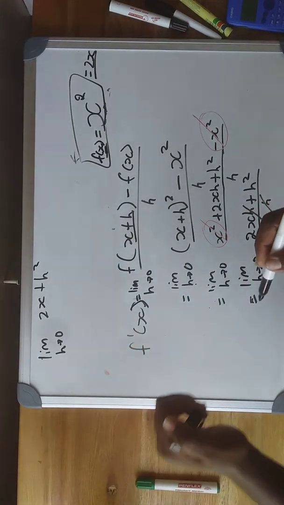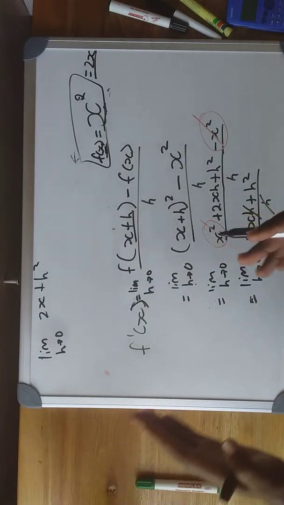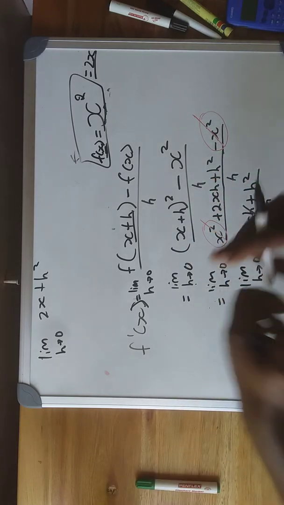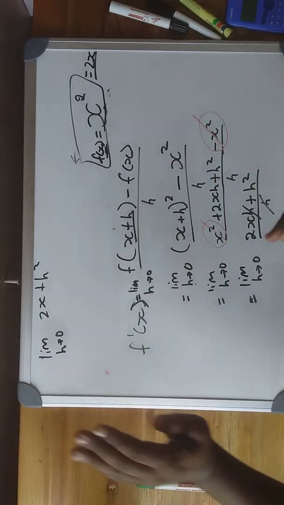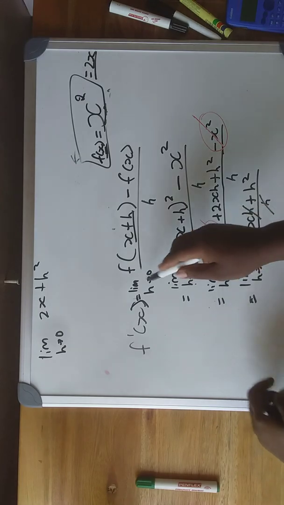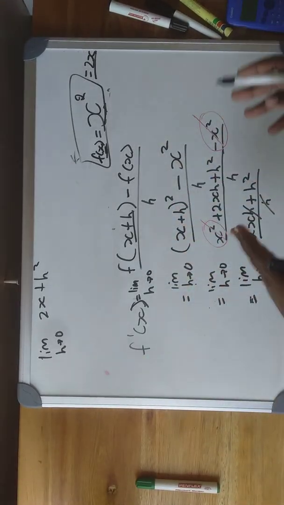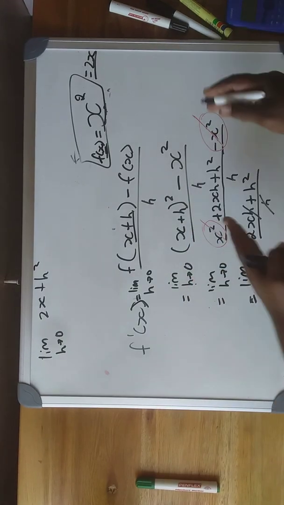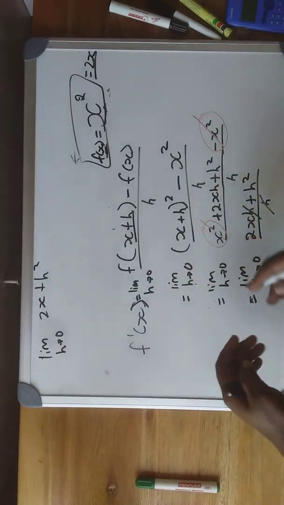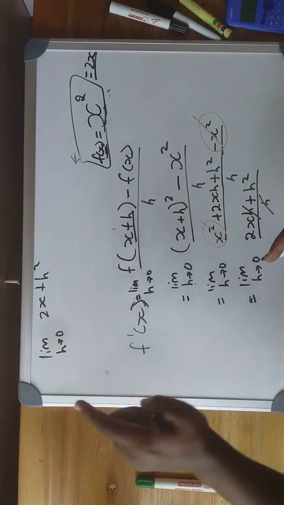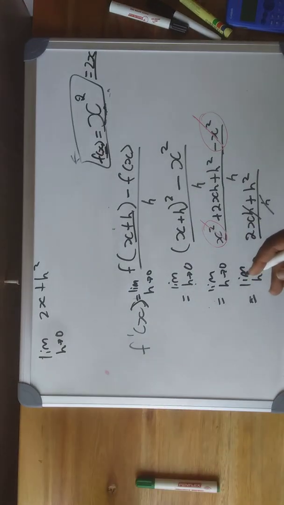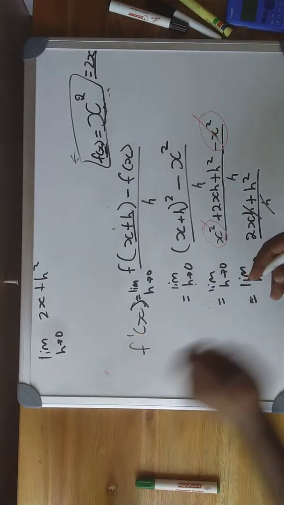Then it means now we just have to substitute h with 0. Now it has approached 0, because we've been saying the limit of f when h approaches 0, the way we've been doing.